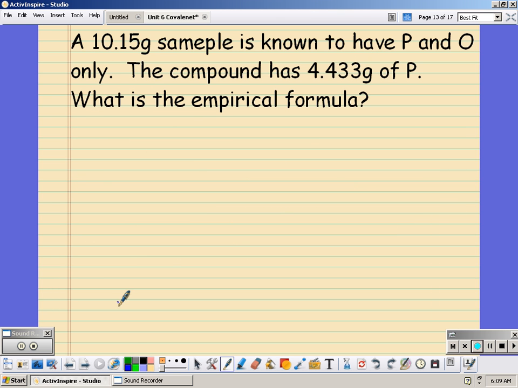Here we have a sample that is 10.15 grams, and it's known to contain phosphorus and oxygen. And then it tells us the amount of phosphorus. It doesn't tell us the amount of oxygen. So if 10.15 grams is for phosphorus and oxygen, and we subtract the mass of the phosphorus, then what we're left with is the mass of the oxygen.